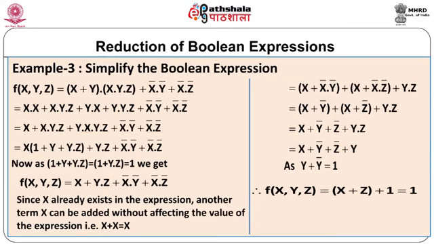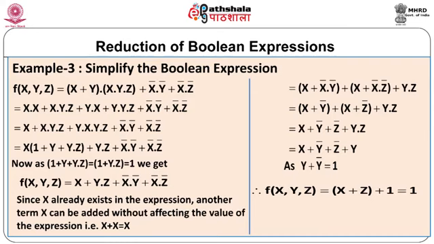So, what we get is x OR with y bar bracket complete OR with x OR with z bar bracket complete OR with yz. x or y bar or with z bar or with y and z. So, finally, in the fourth line what you can see is a sum term with 4 variables.